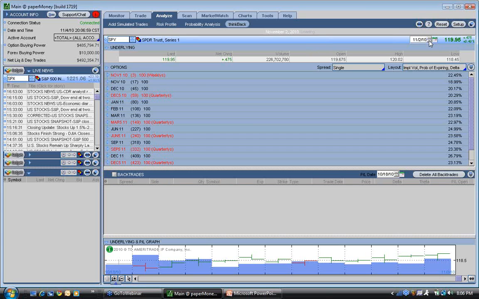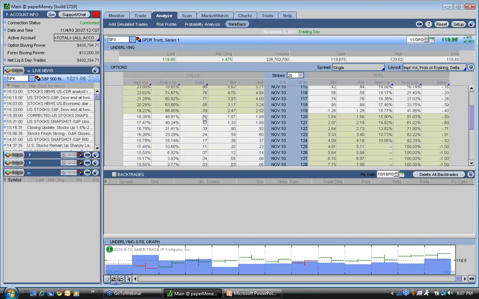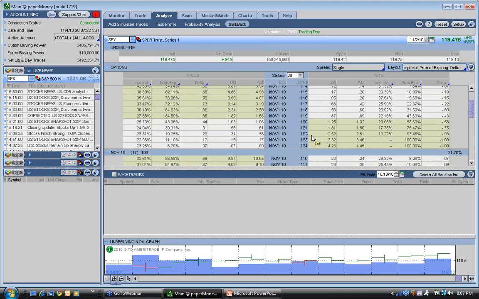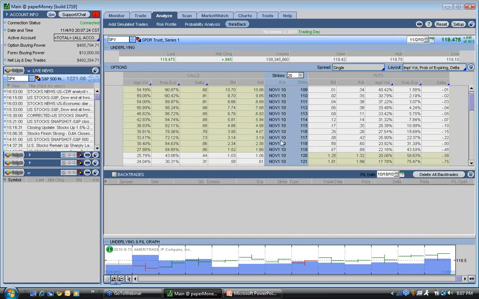We were looking at this yesterday, and I made a comment that I thought the 120 straddle, leading in the 119, 120 strangle, was inexpensive. We can look at the weeklies or the regulars.